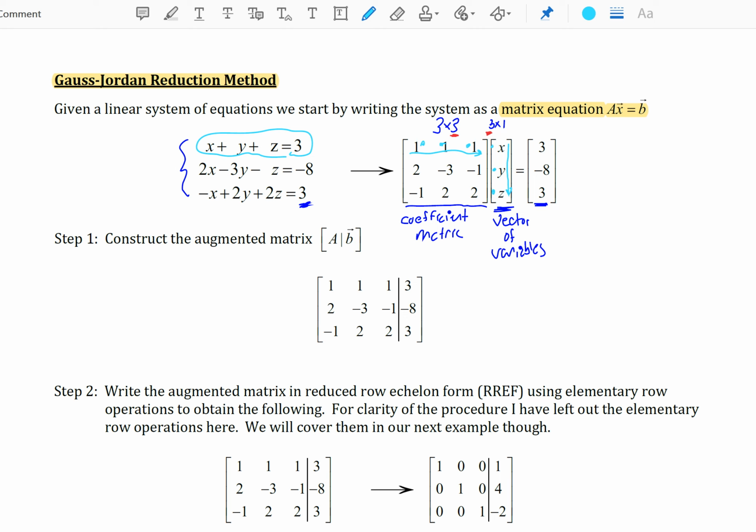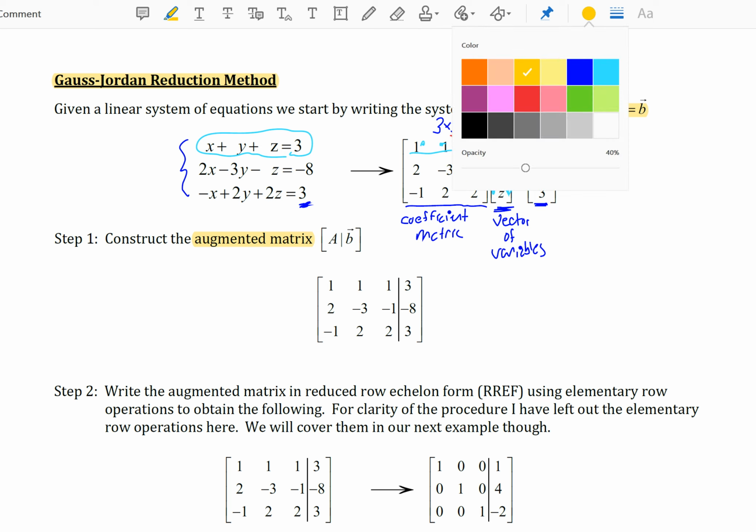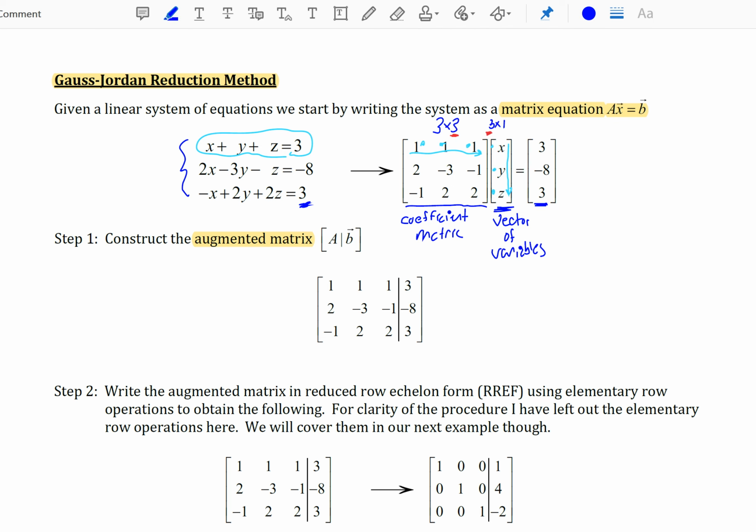Now that our system is written as a matrix equation, we will construct what is referred to as the augmented matrix. The augmented matrix is created by taking your coefficient matrix A and adjoining it with your column vector B. Some mathematicians like separating your coefficient matrix and B by this vertical line.